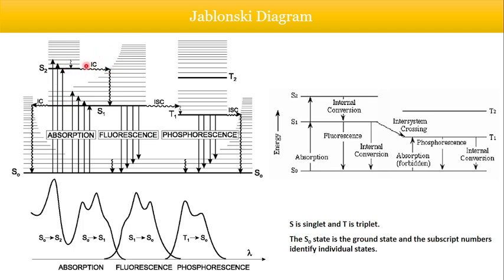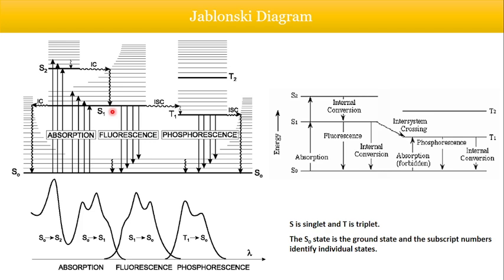Then by internal conversion, the electron loses its energy and moves to a lower level. When we excite to an S2 level, after losing its energy it moves down to the S1 level.